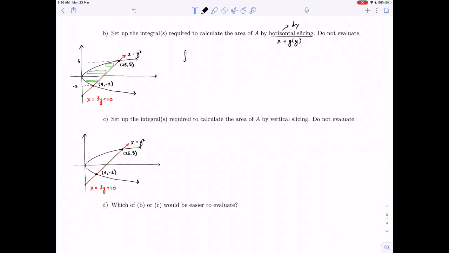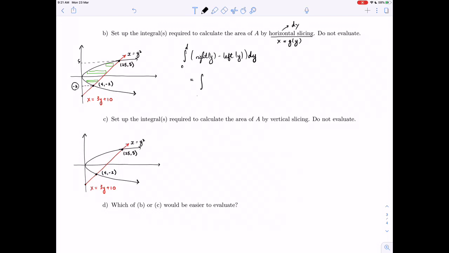So we want to do the integral from c to d of the right function in terms of y minus the left function in terms of y. And so our value here for c is going to be the lower value, minus 2.